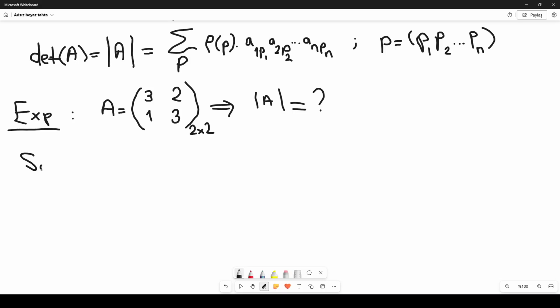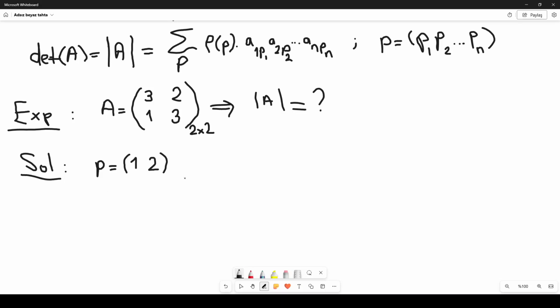Solution. Alright guys, the first thing to notice is that we have a 2 by 2 matrix. That means our permutation, let's call it P, has 2 elements: 1, 2. This is our natural ordering, a kind of base permutation that we will use to convert all the other permutations into this one.